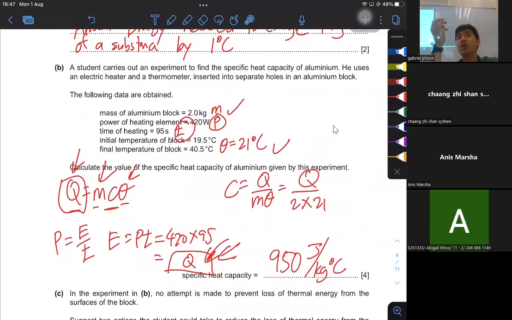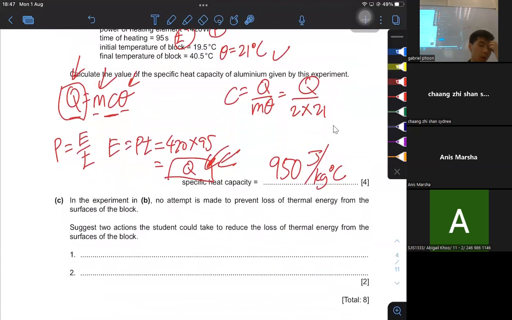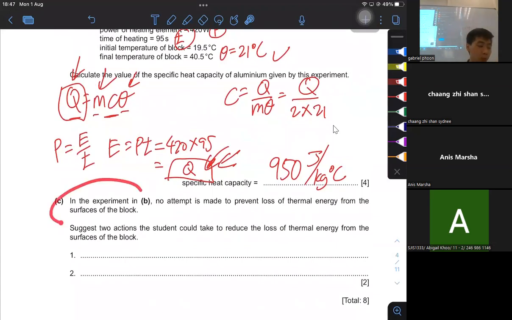Even before reaching the cylinder, the metal cylinder in this case here, the energy would have been lost to the surrounding. So anytime you're asked to improve the accuracy of any heat temperature experiment, it is always to reduce the energy loss. Your ultimate goal is to reduce the heat energy loss.